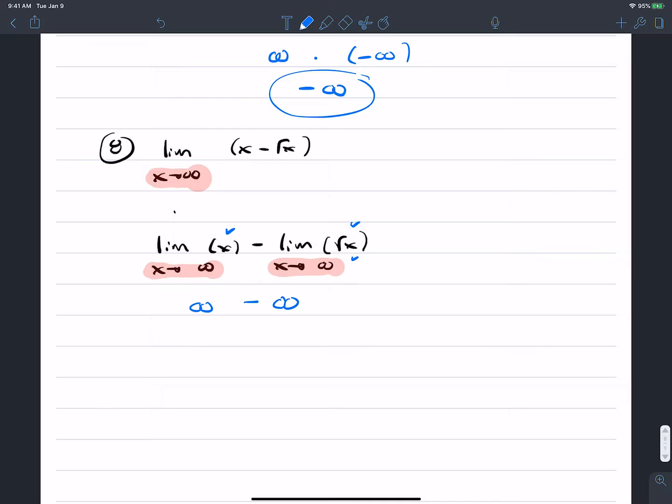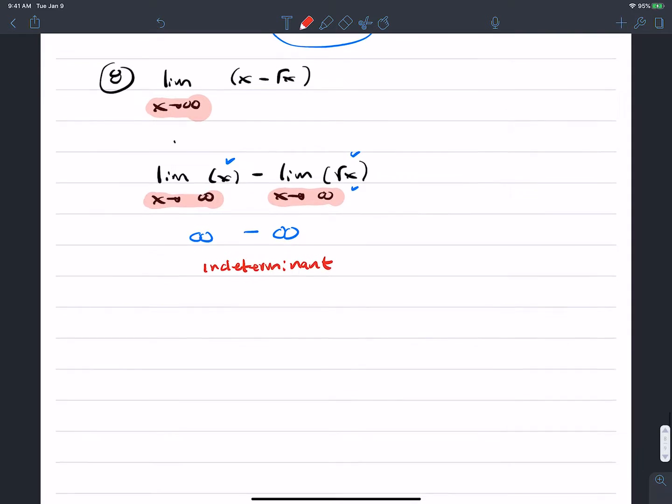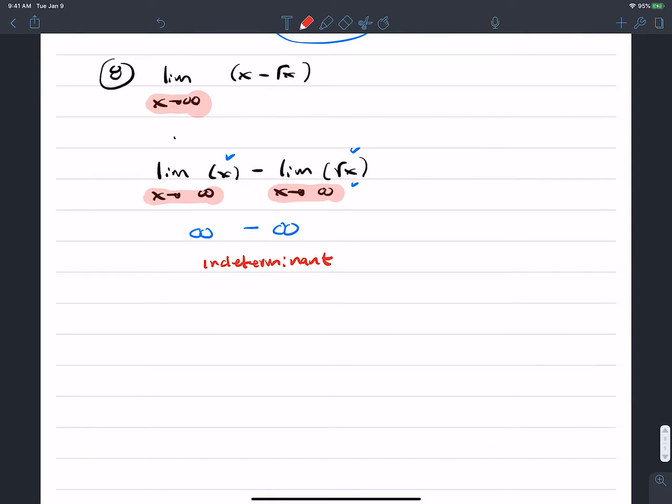So we have this getting big minus getting big. This again is indeterminate. So we know we can't determine, and if we can't determine again, what do we have to do? Use some algebra, yes. You're going to factor that.